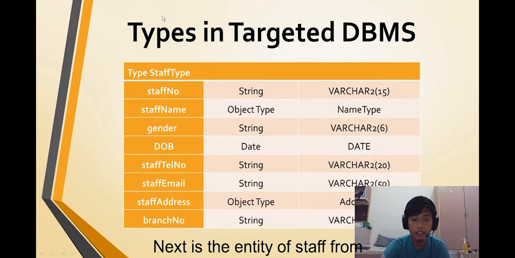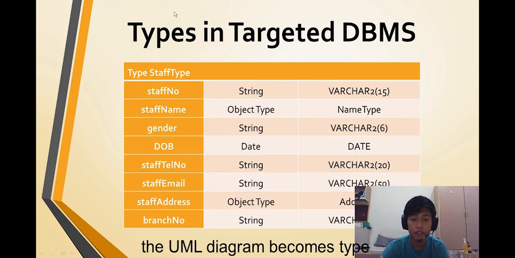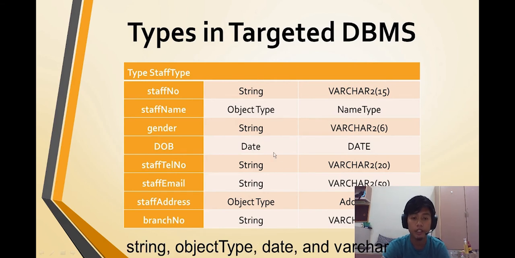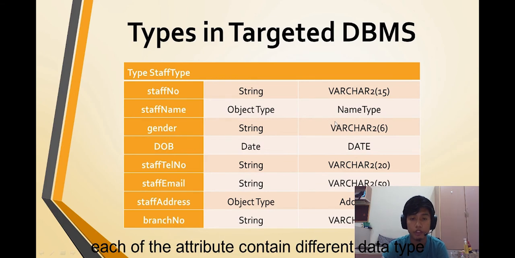Next is the entity staff from the UML diagram, which becomes the type staff_type with the data types string, object type, date and varchar. Each of the attributes contains a different type of data type.